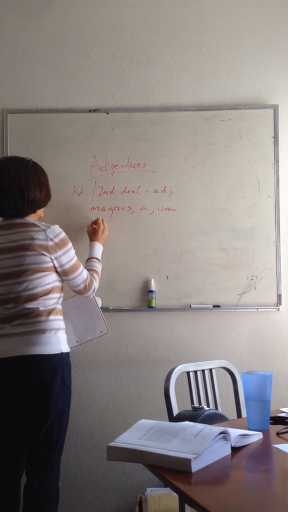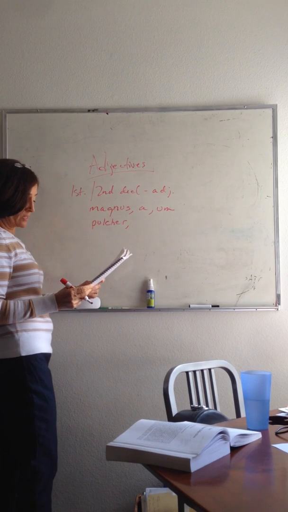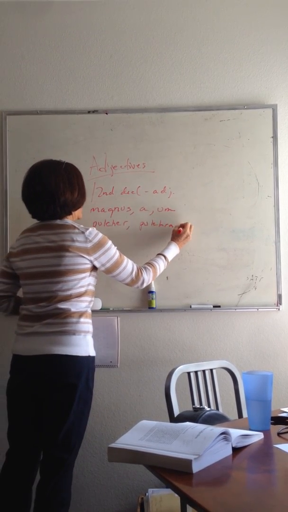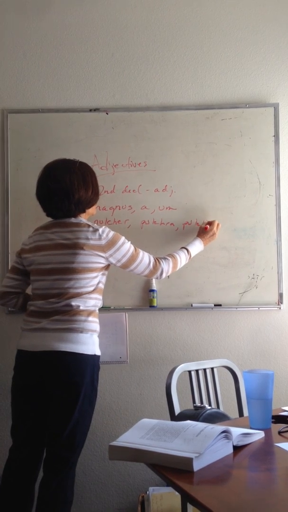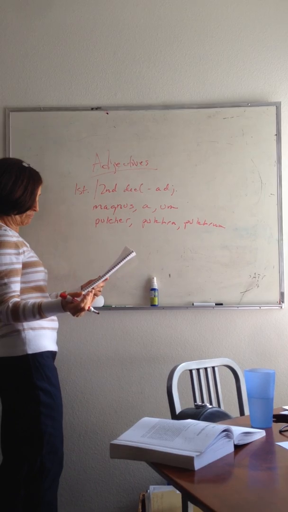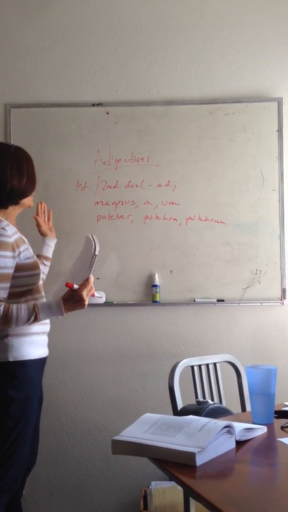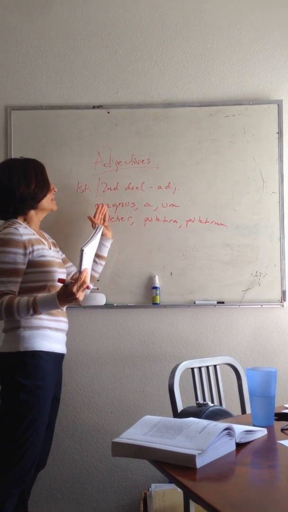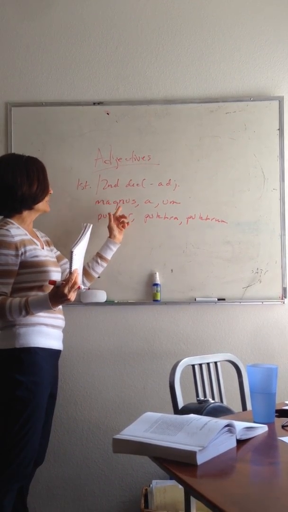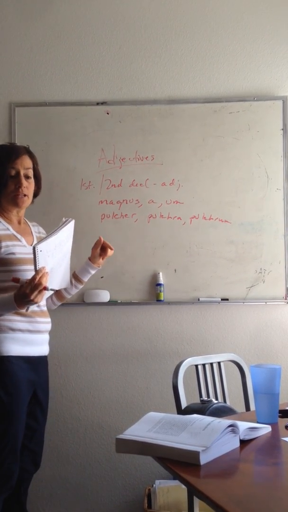We have adjectives that don't follow the -us, they're a little irregular in the masculine, your pulcher, pulcra, pulcrum, right? Another adjective, bonus, bona, bonum, malus, all your adjectives you've learned so far have three distinct genders, right? You have your first declension feminine, you have your second declension masculine and neuter.